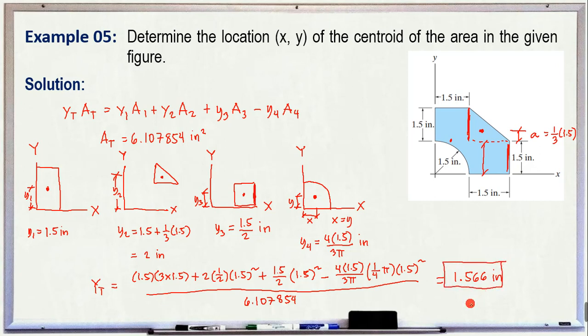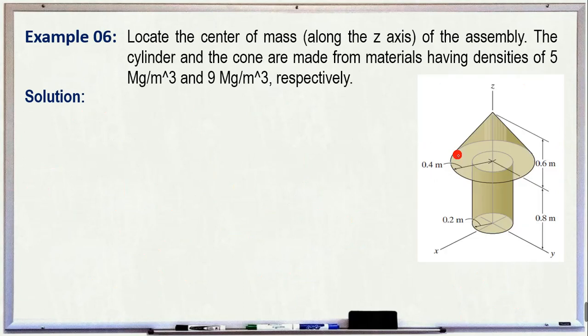So therefore, final answer, we have 1.566 for x and 1.566 for y. Okay? Ato kitaon, same sila og values for both on the x direction and also in the y direction because the object is symmetrical with respect to its diagonal. No?